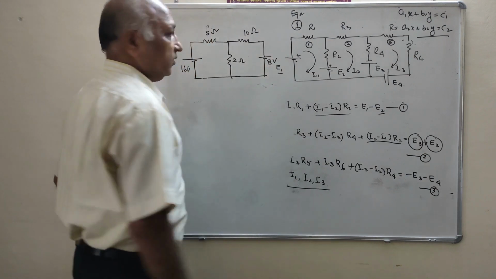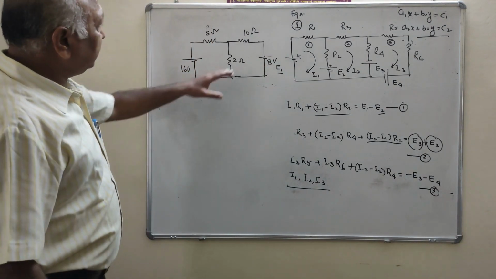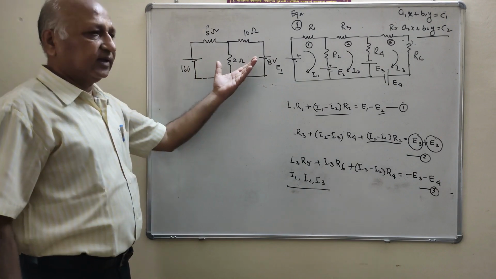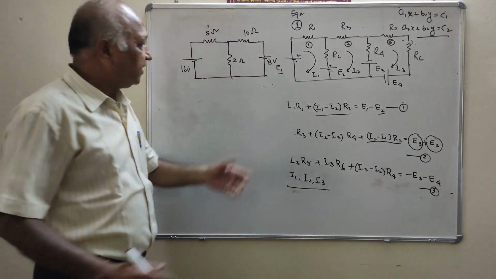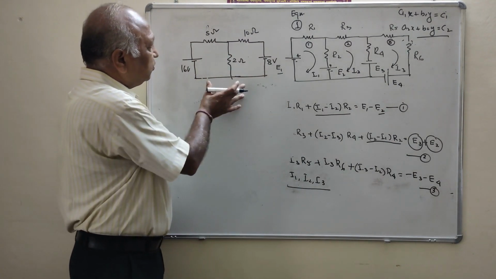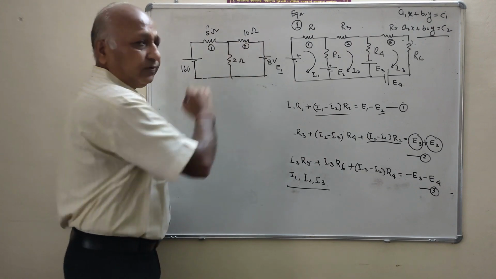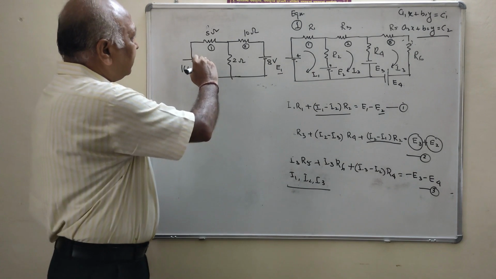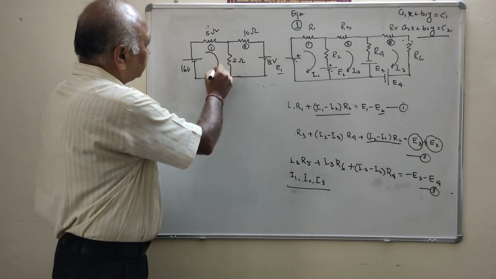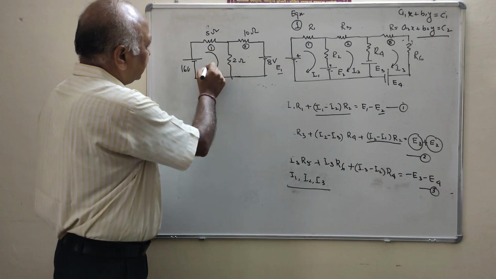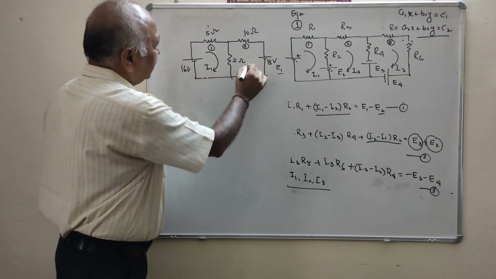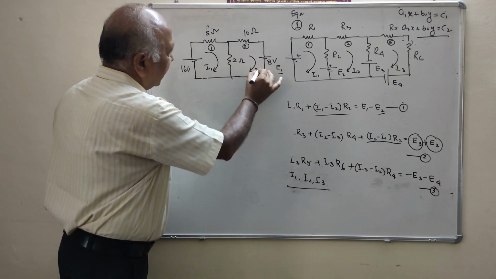Clear? Now we have to solve this network using mesh analysis. It is clear that there are two meshes. This is mesh 1 and this is mesh 2. Now we will mark the mesh circulating currents. Say this is I1 and this is I2.